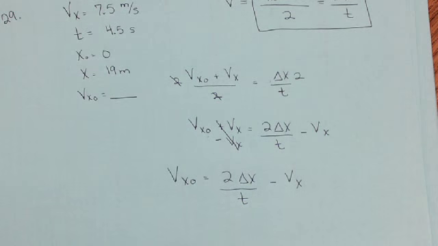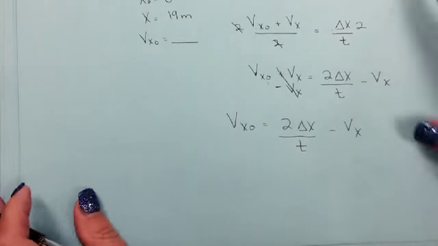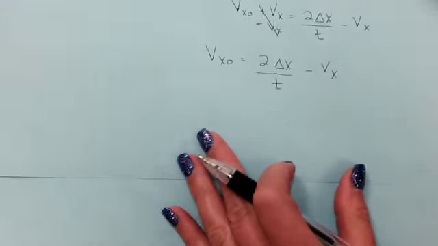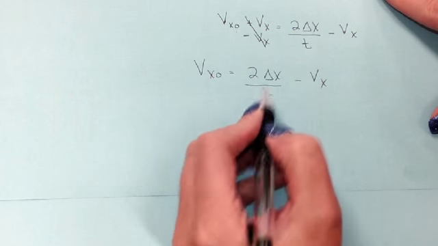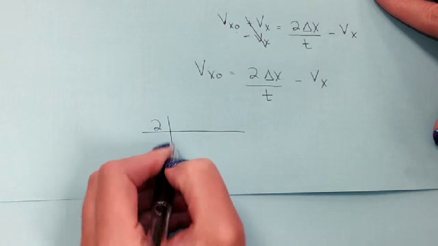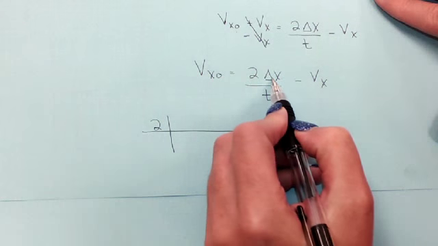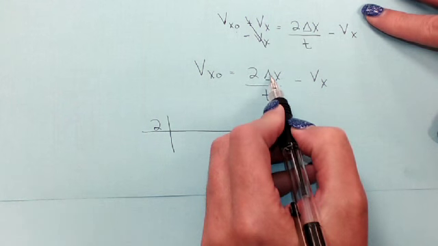I'm going to use my crosses, and I'm going to pay attention to units to make sure that I rearranged correctly. If I did, I should come out with meters on top and seconds on bottom. So I've got 3 variables here: 2, an x, and a t. 2 times delta x gets its own spot, and change in x is final minus initial.